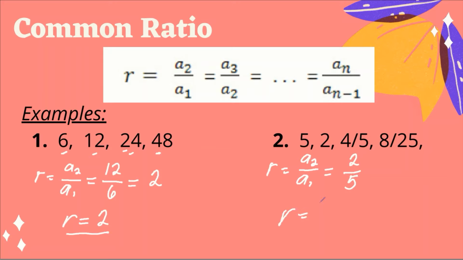Therefore, our common ratio is 2/5. So as you can see, 5 times 2/5 is equal to 2. 2 times 2/5 is equal to 4/5. 4/5 times 2/5 is equal to 8/25. Okay, next.